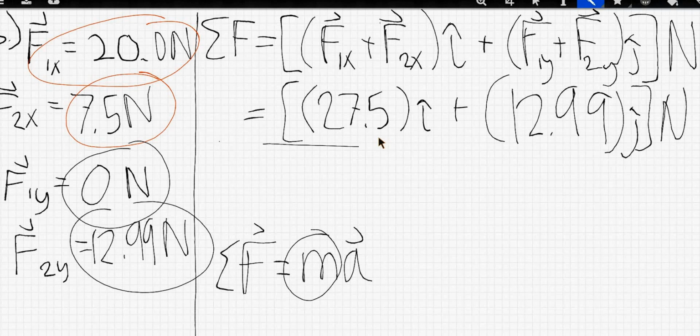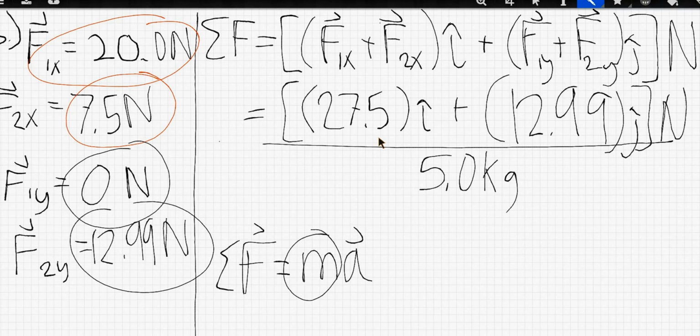So dividing by 5 kilograms, we get acceleration in the i direction equal to 5.5 i plus 12.99 divided by 5.